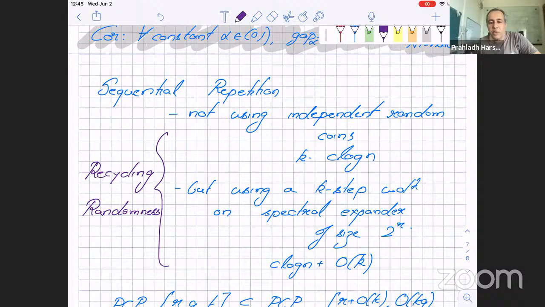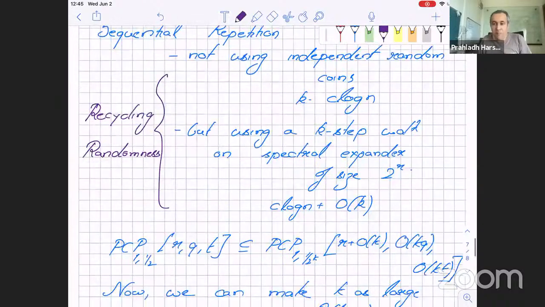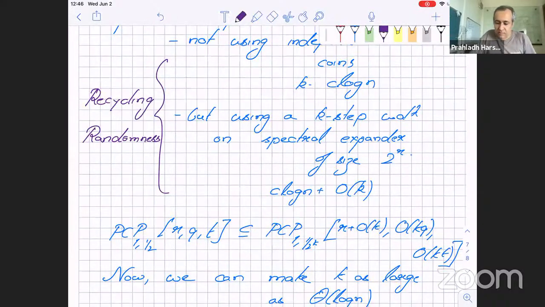Why doesn't it go all the way to 1 over n? The reason being, the size of the graph is 2 power q plus 2 power r. The size of the largest clique you are getting is only 2 power r. Therefore, the clique size compared to the graph is off by a factor 2 power q.